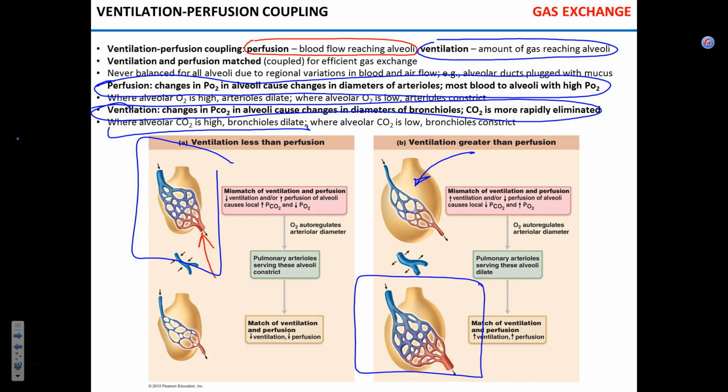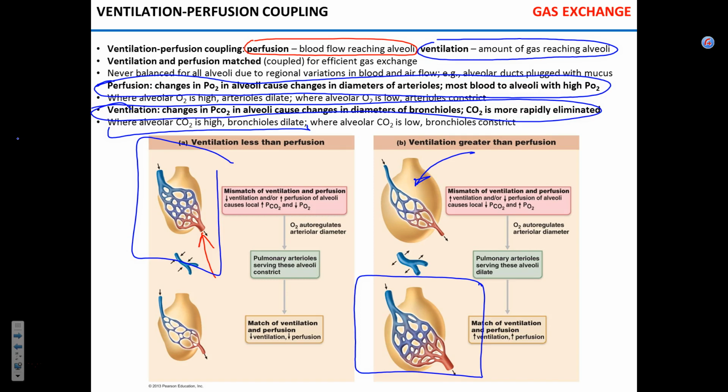And if CO2 concentration in the alveolus decreases, what happens to bronchioles? They constrict. Since they constrict, ventilation decreases, oxygen concentration goes down, both because blood picks it up and ventilation decreases, and the balance is returned. Does that make sense? So if you think about it dynamically, you have two conducting systems. One is pulmonary capillaries, another are bronchioles.